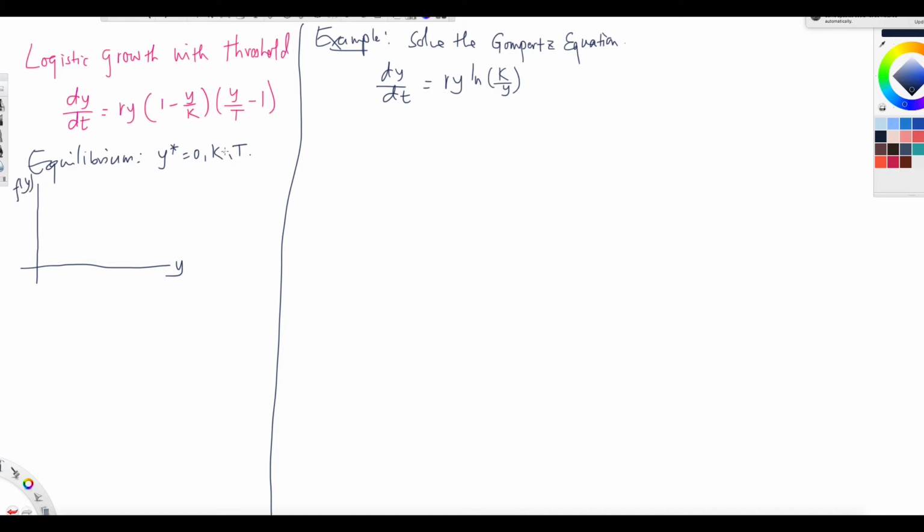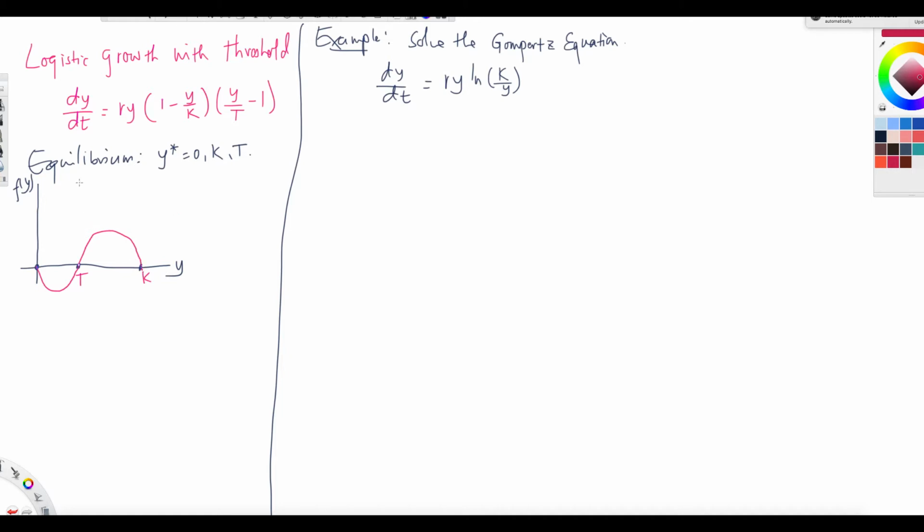What are the three equilibrium points? One is 0, another is t, and then another is k. Between 0 and t, the graph looks like this, and between t and k, it will be like this.